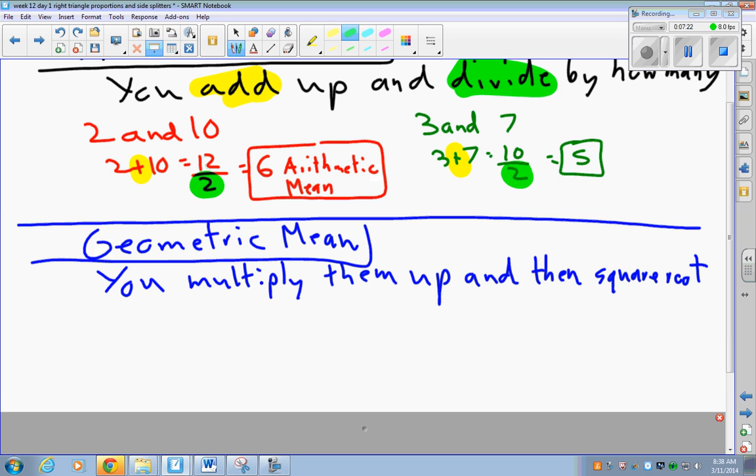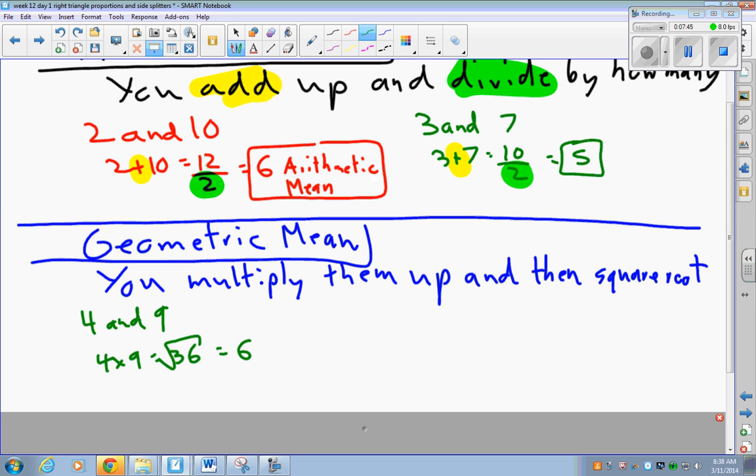And I'll show you an example, and then you'll go, oh, okay, I kind of see what you're saying. A question could be this. Find the geometric mean of 4 and 9. Now, what this is saying is what number times itself is the same as if you did 4 times 9. So in this little statement, I guess I should do 4 times 9 equals 36.